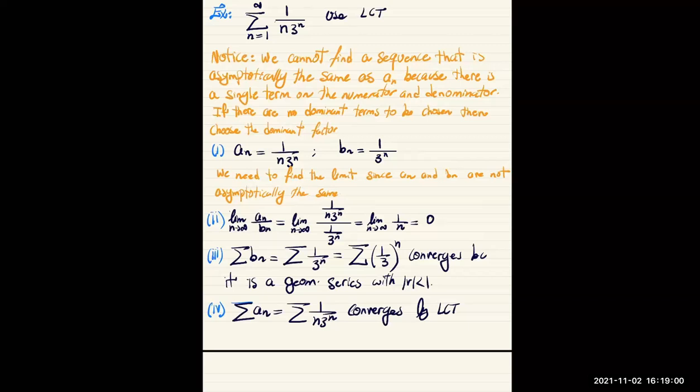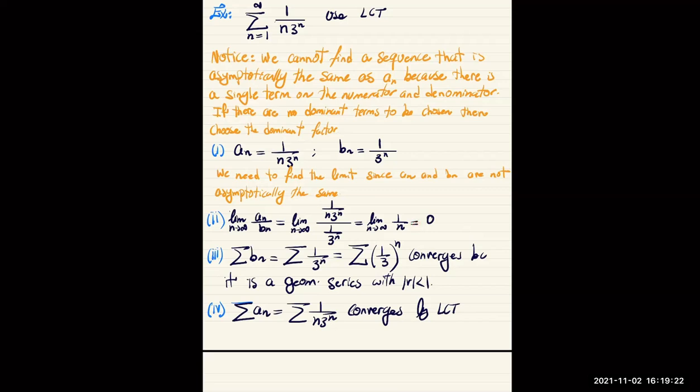So guys, explain to me why this is true. What is going on here? Since this limit is 0, then B sub n takes over.